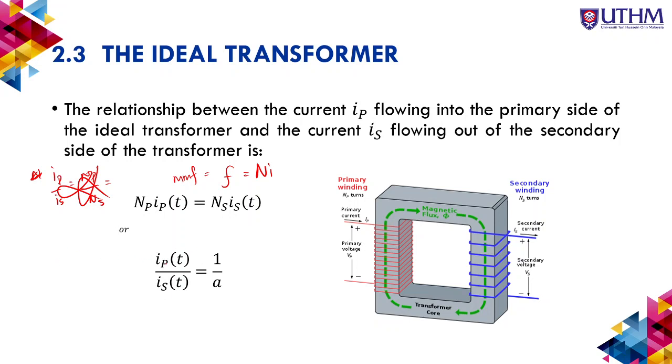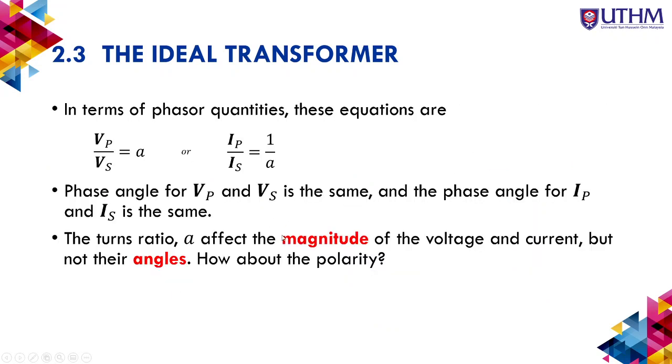For current, remember, it is inverse from voltage. When we use the primary at the top, for a it will be inverse. In terms of phasor quantity, the equation is the same, and the phasor angle between Vp and Vs is the same. This is the important part: in the phasor diagram, the angle is the same, and the phasor angle for Ip and Is is also the same.